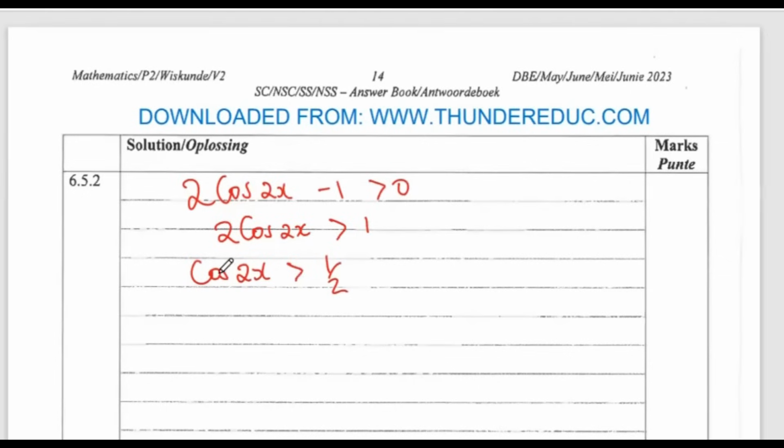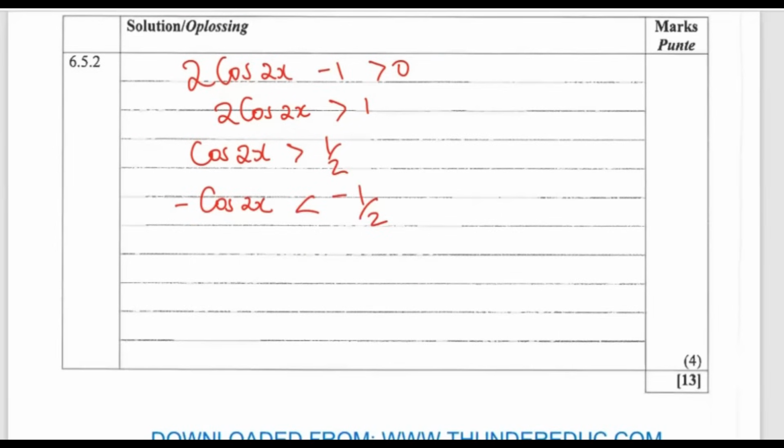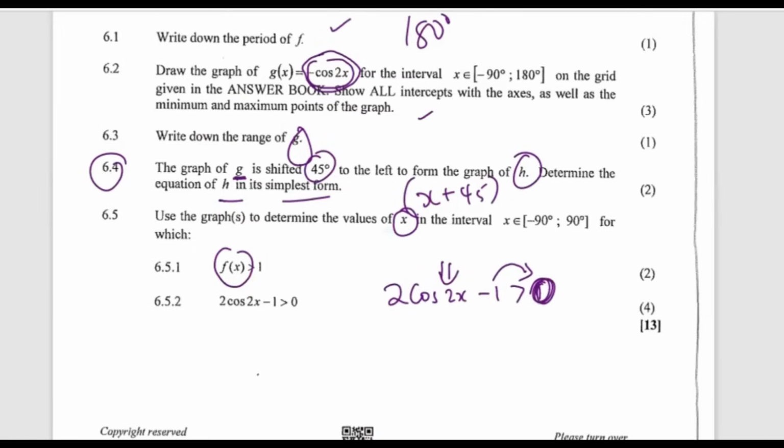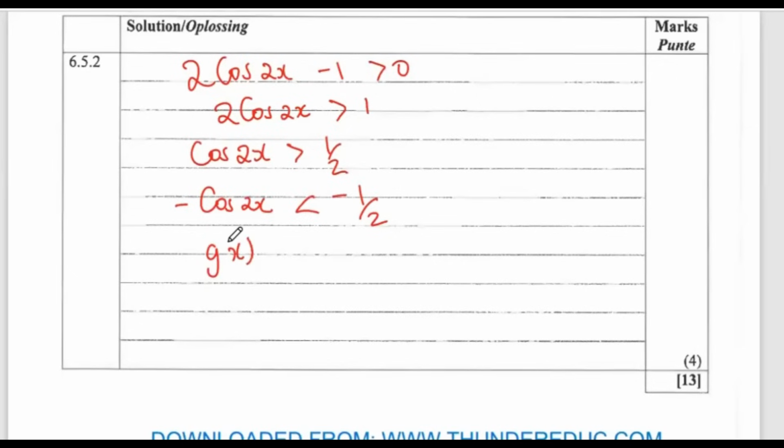Then when I multiply through by a negative or divide through by a negative, the inequality symbol changes. So negative cos 2x will be less than the half. So which means the question is asking me for the values of x for which g of x is less than negative a half.